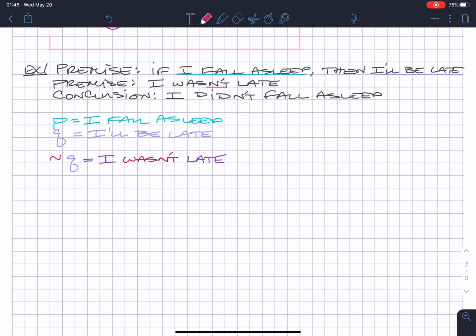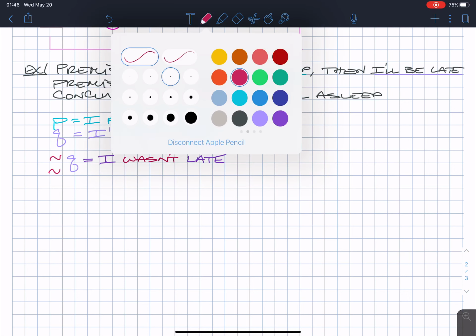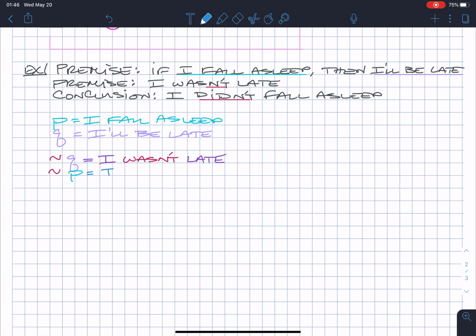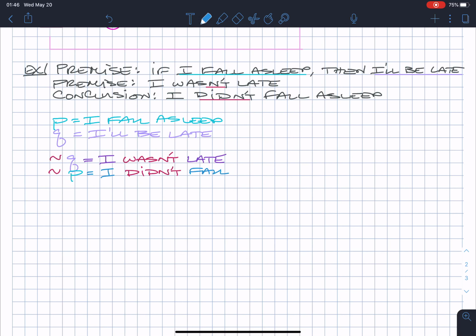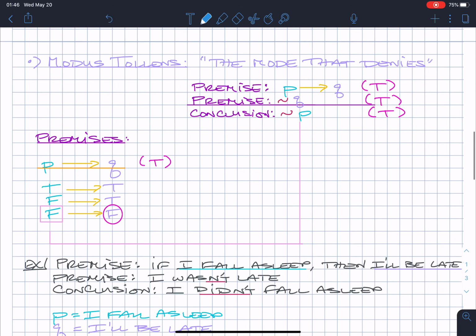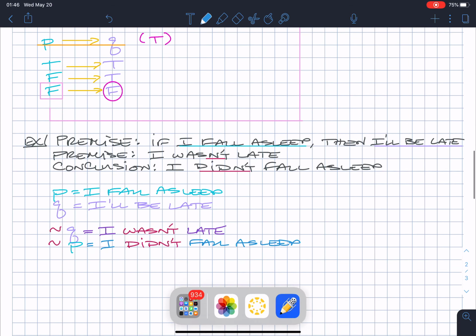Therefore, not P is going to be I didn't fall asleep, right? Modus tollens, the mode that denies.